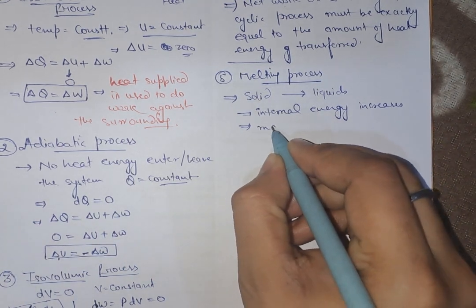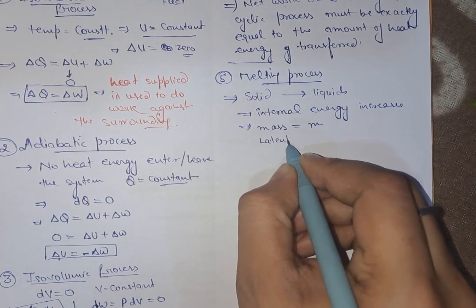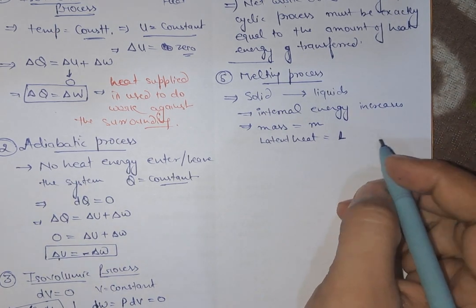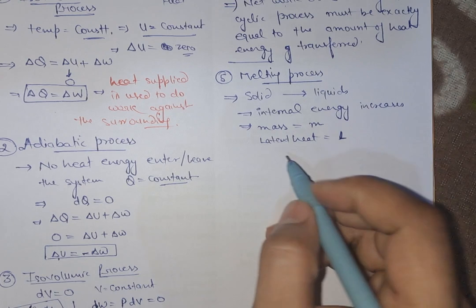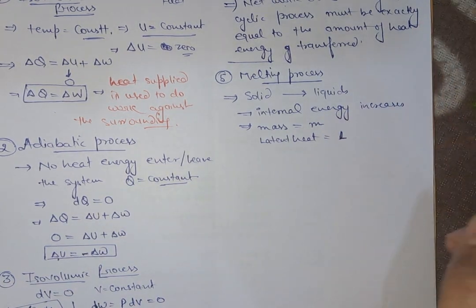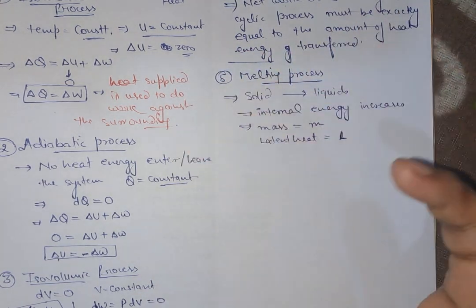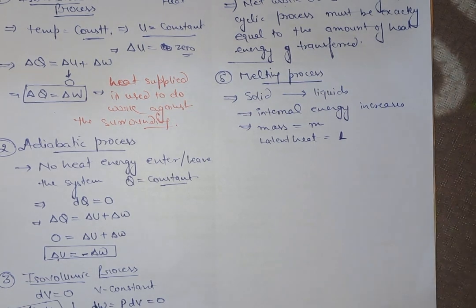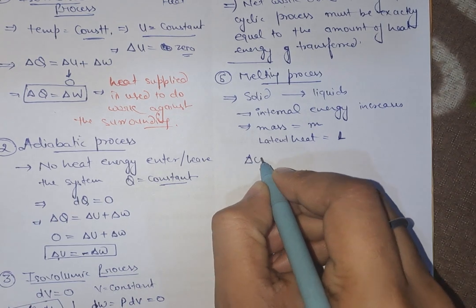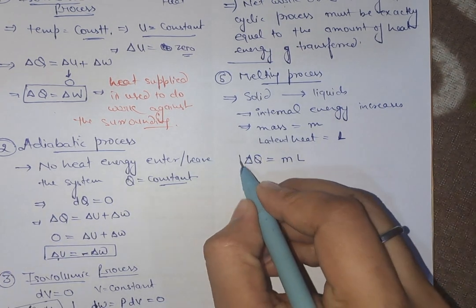Let us consider the mass of the solid to be m and the latent heat to be L. Whatever amount of heat is absorbed is only changing the state, and it is not utilized to increase the temperature of the substance or the system. So we can say that the overall change in heat could be written as mL.